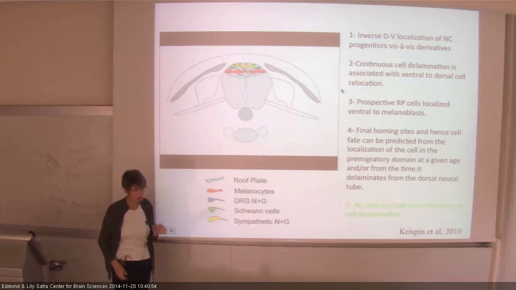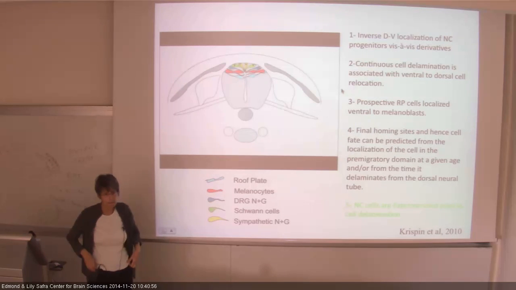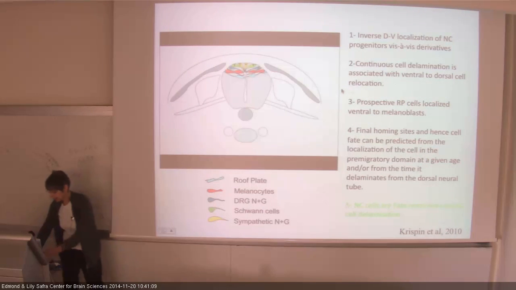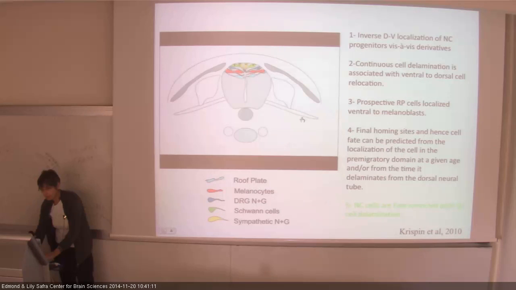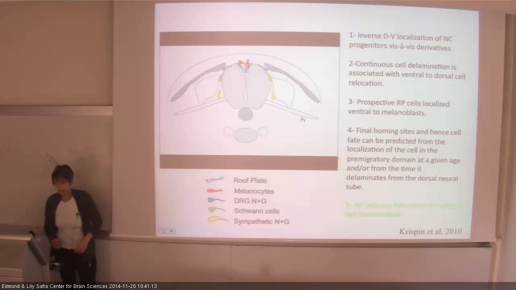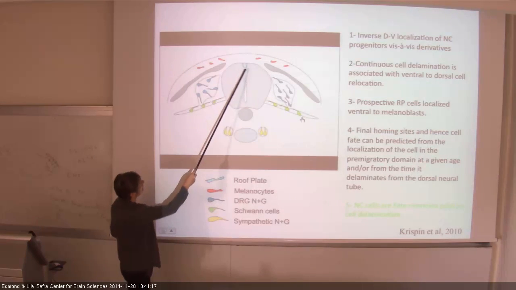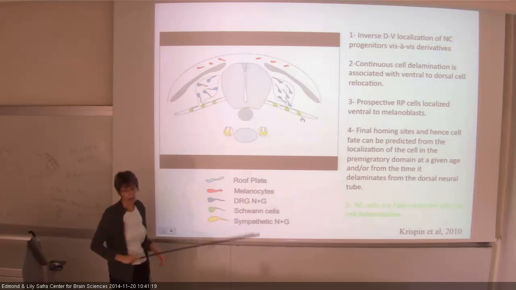So there is a lot to be done here to try and understand many, many important events leading to the formation of the peripheral nervous system and the final separation of the peripheral nervous system from the central nervous system, because the roof plate, which is left after the exit of peripheral cells, this is the final closure of the CNS.